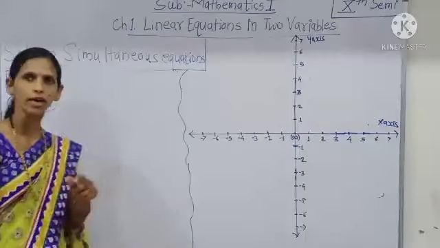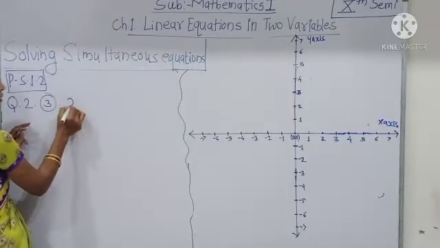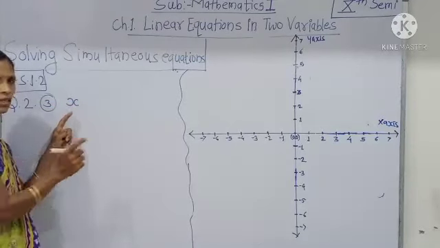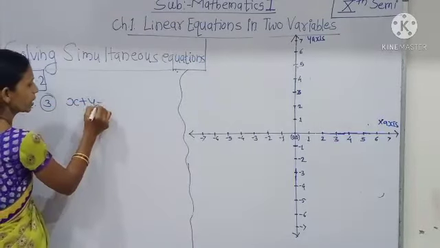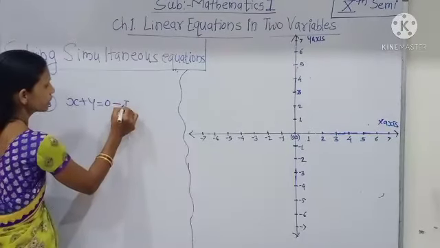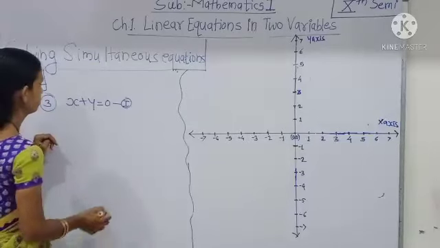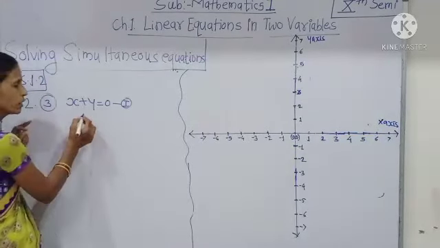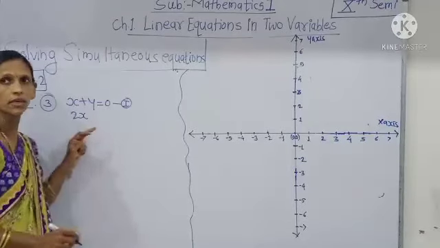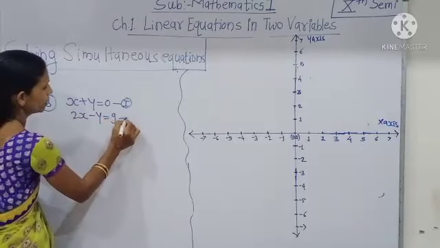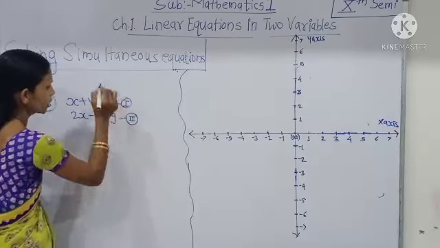See here, the simultaneous equations given are x plus y is equals to 0, let this be equation number 1, and the second equation is 2x minus y is equals to 9, let this be equation number 2.